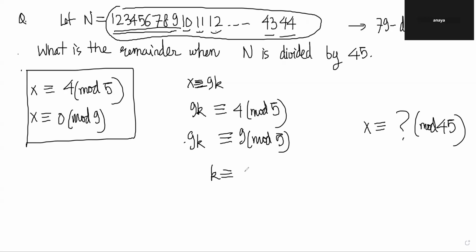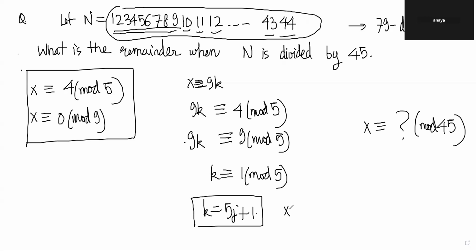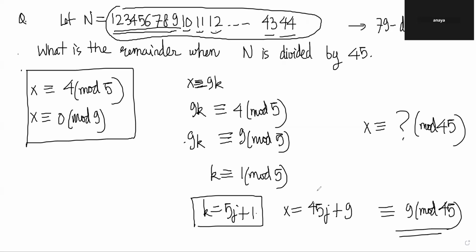So k is coming as 1 mod 5. So k is equal to 5j plus 1, right? Right. And x is equal to 9k, so 9 times 5j plus 1, which is 45j plus 9. So 9 mod 45. Yes. That is the correct answer.